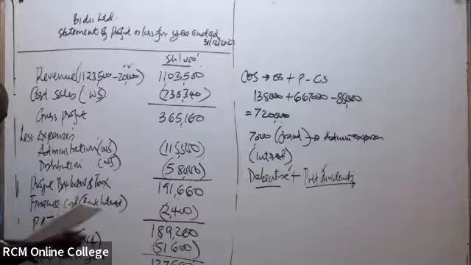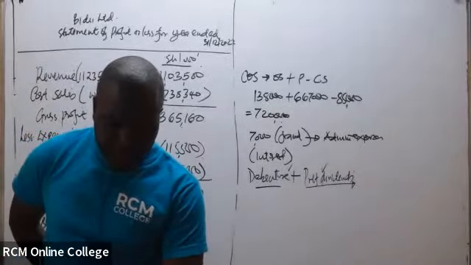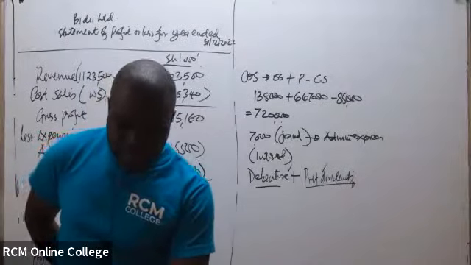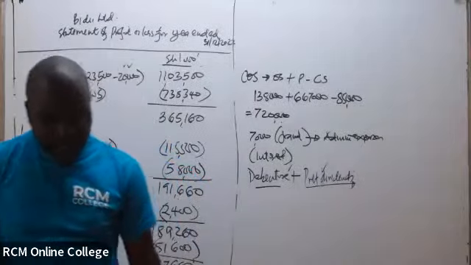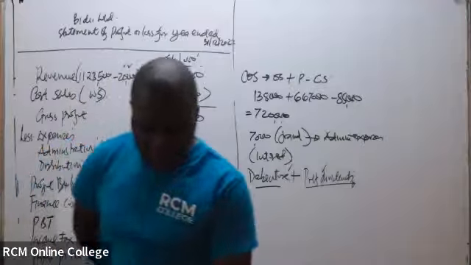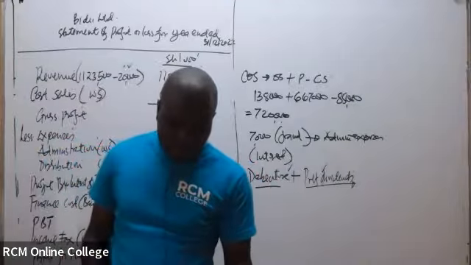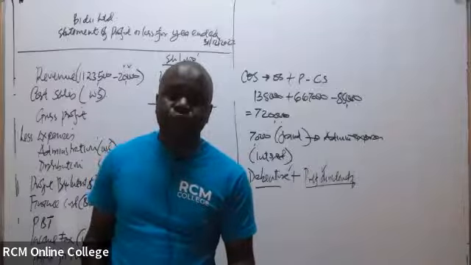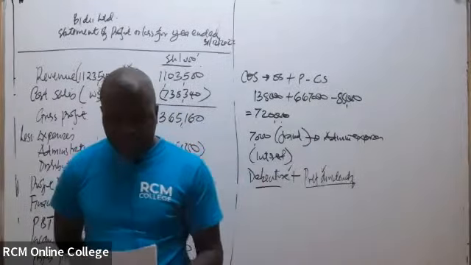Then the next item they want us to prepare is the statement of changes in equity. Ideally we'll be looking at how the equity elements or items are having to change. To be able to know which are the equity elements, you have to look at the trial balance.